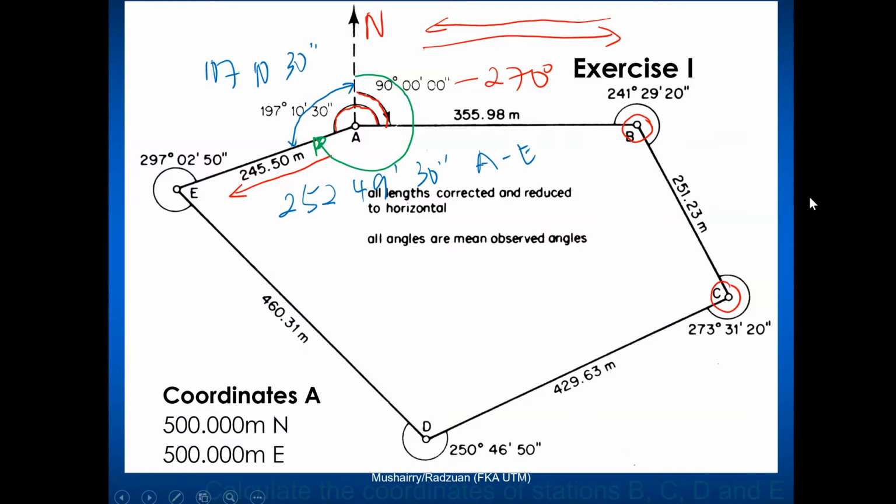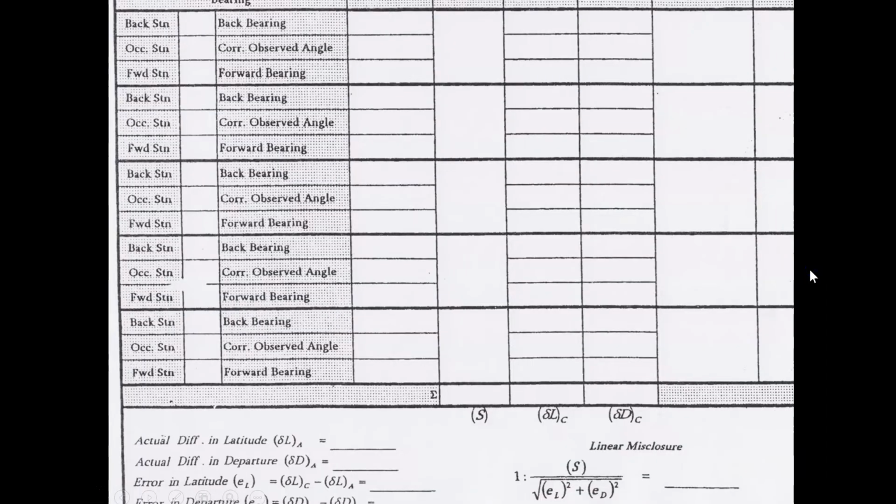You were also given the coordinates of A as 500 meters north and 500 meters east. The next slide actually shows a calculation form, or a computation sheet, that we normally use here in the school to do our bearing calculations.